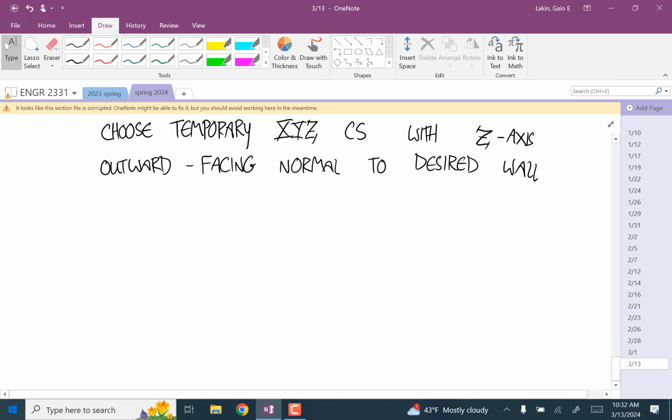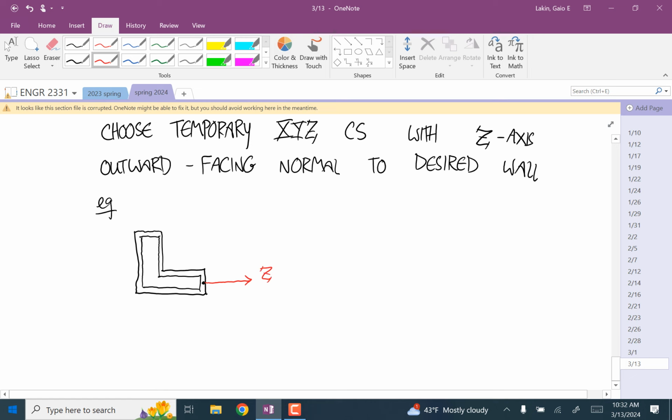Okay, so for example, if your cross section looks like this, and you want to calculate the stress in this wall here, your temporary Z-axis would be this.